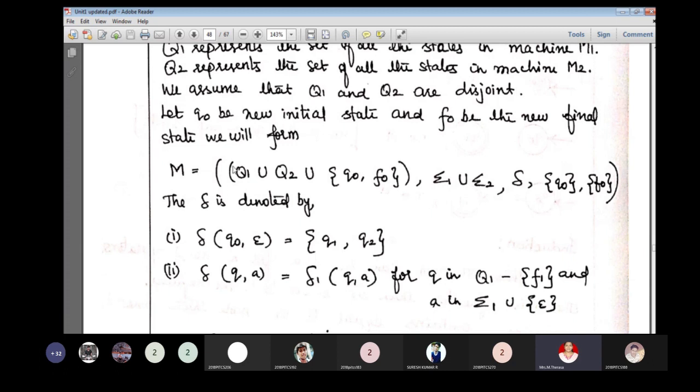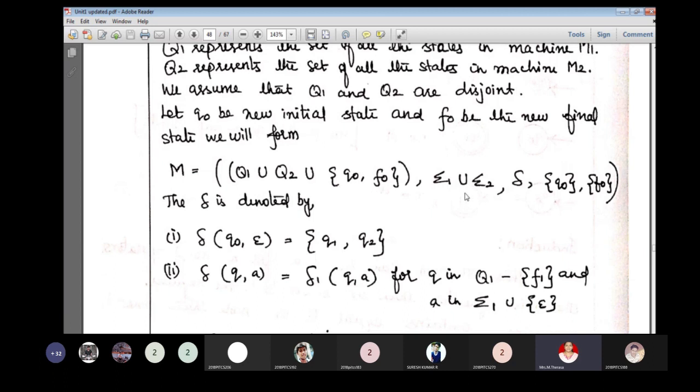So what does it mean? We are going to build a new machine M for which the states are all states from Q1, all states from Q2, and along with that two more states, q0 and f0. Clear?